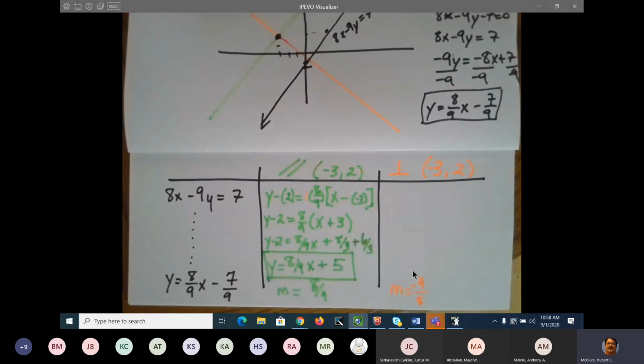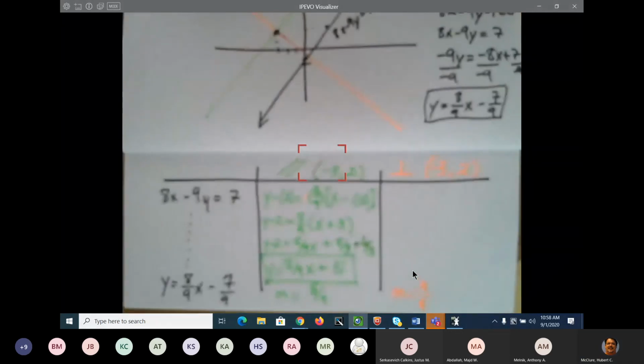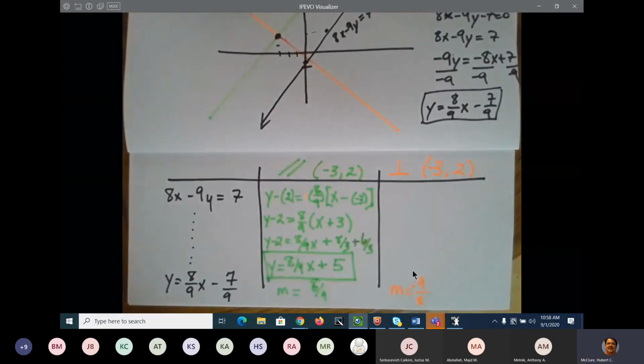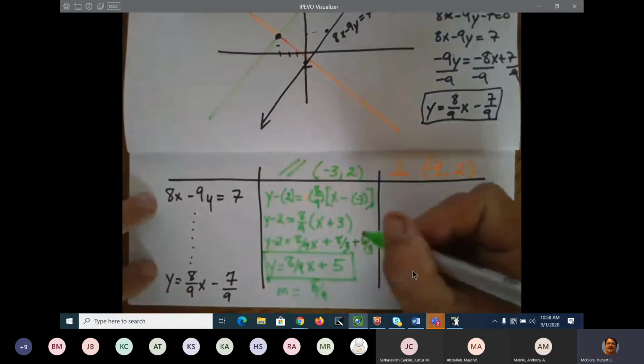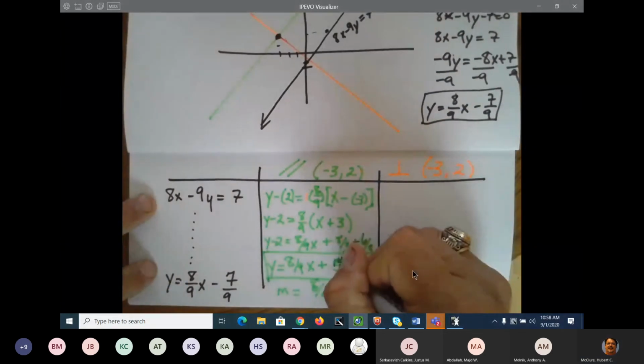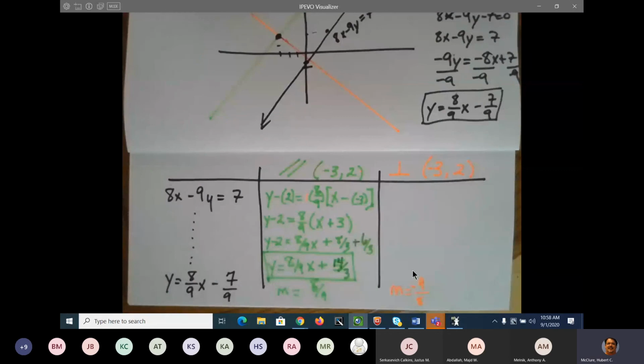So 8/9 X plus 5. Oh, that's not right. 14/3. There we go. I said 8 plus 6 is 15. That's not right. 8 plus 6 is 14. All right, so that's that one. Y'all check me, make sure I did that right.